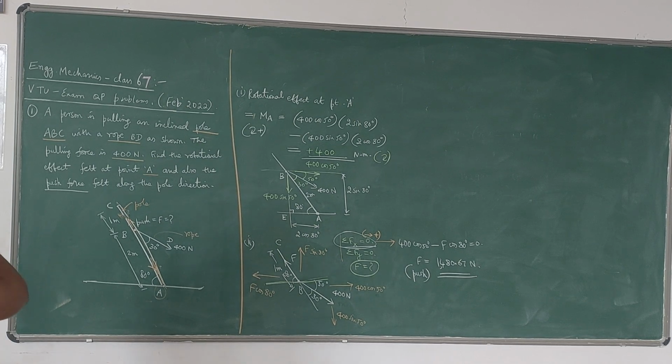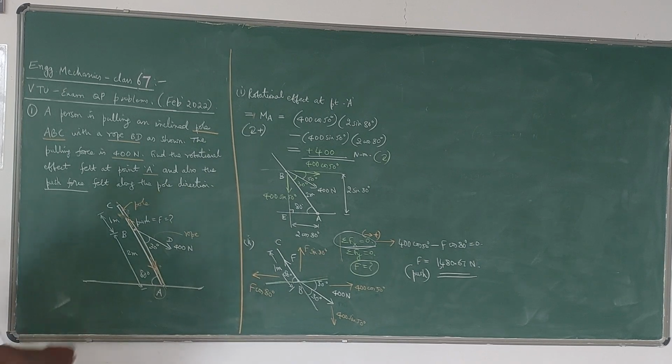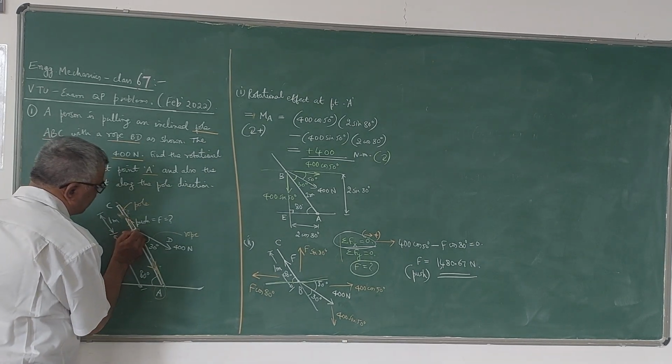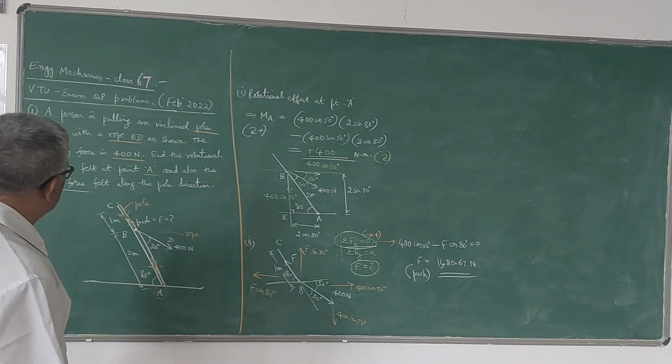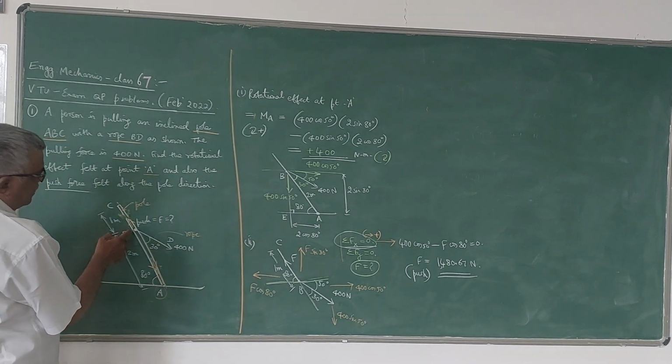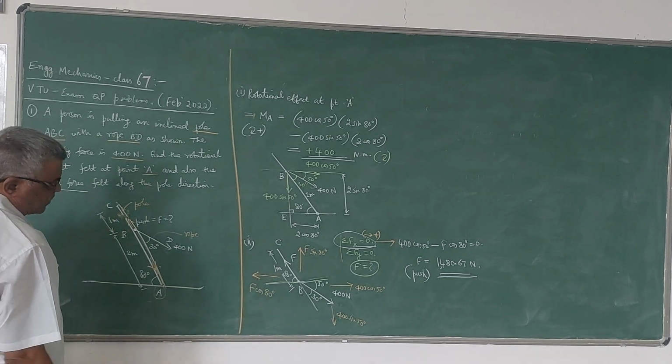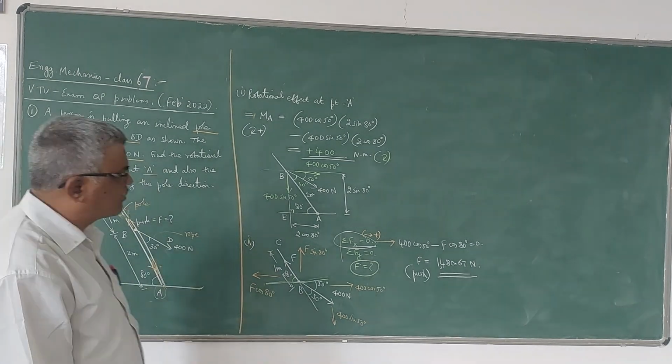So this is how we have to do the problem. To get the push force, we need to apply the equilibrium equation at the joint B. So BC, you can get the push force. So this is how we can solve the problem.